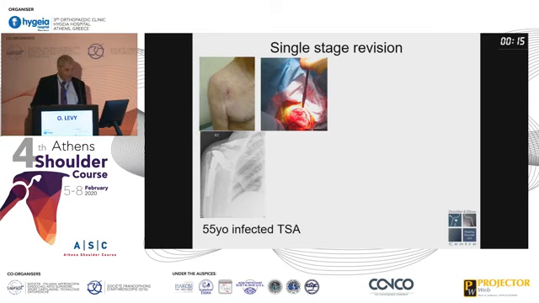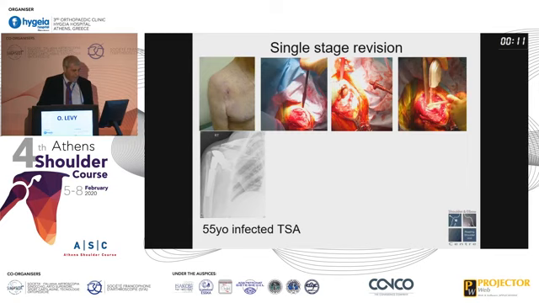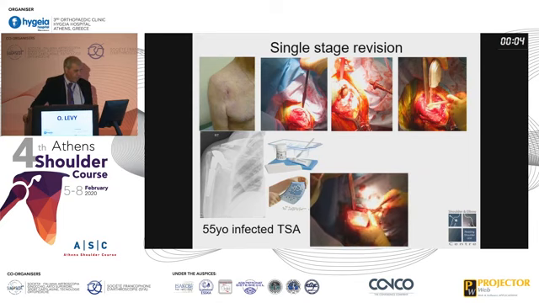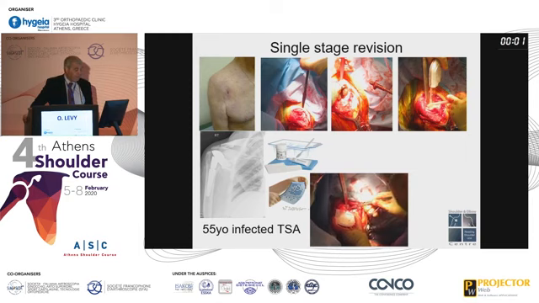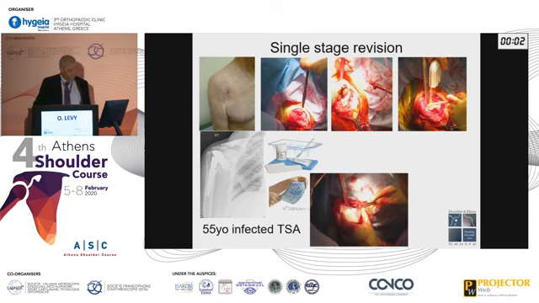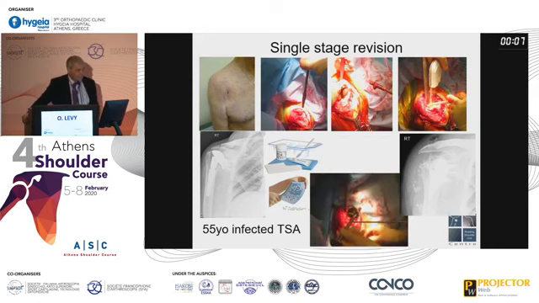I was lucky enough that it was infected, and I could remove it in one piece. And good debridement, washout, and then I use these beads and I put it both into the bone and around the soft tissues. And this guy was lucky because I could preserve the proximal bone and remove the whole thing in one go, and I managed to revise him to a stemless reverse shoulder with the beads.